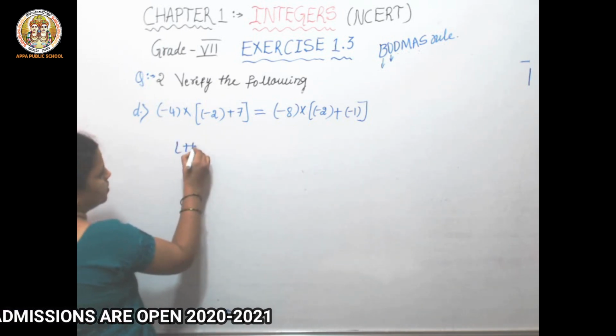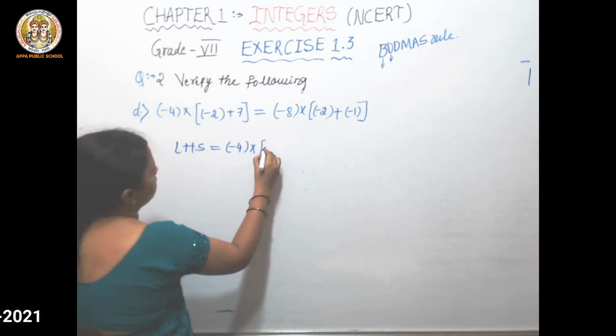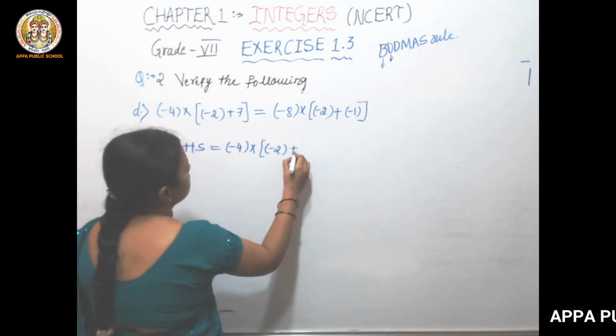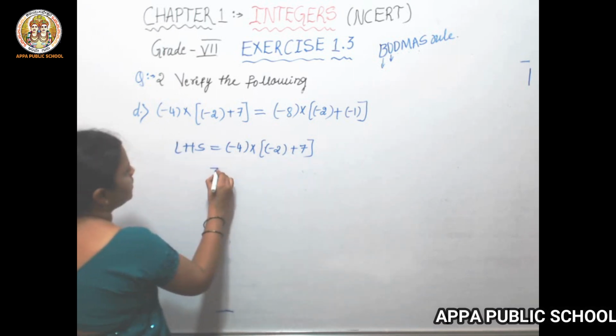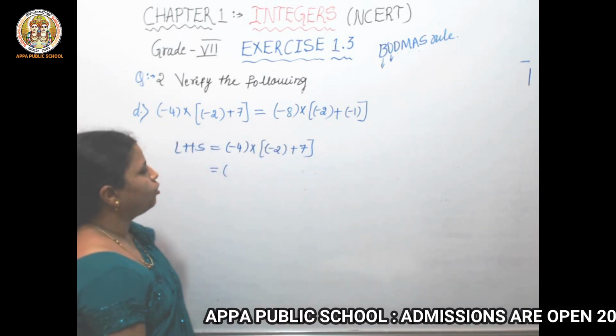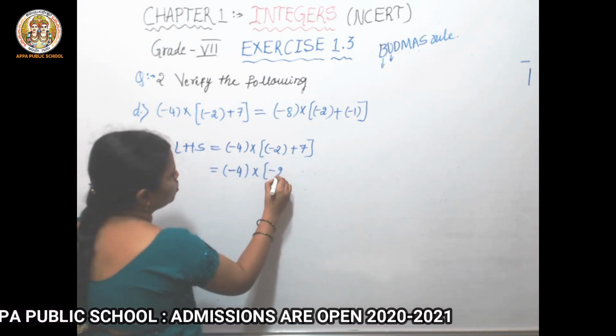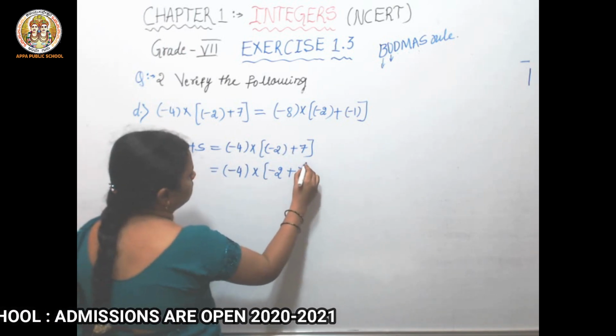So what is LHS here? Minus 4 into minus 2 plus 7. First you have to solve the bracket according to the BODMAS rule. Now minus 4 into, it has minus 2 plus 7.